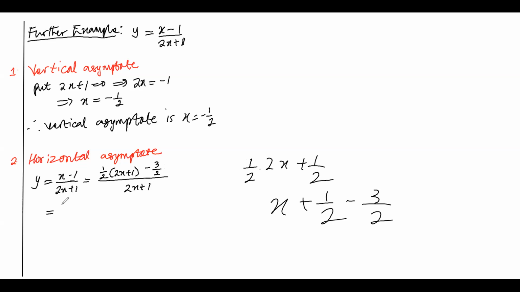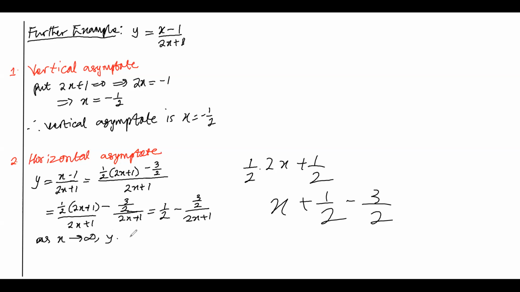So this will be 1 over 2 times (2x plus 1), minus 3 over 2 over (2x plus 1). As x becomes large, y becomes 1 over 2 minus 0, which is 1 over 2.